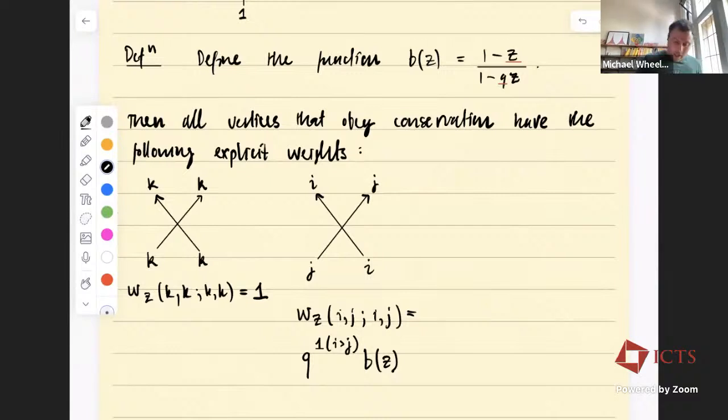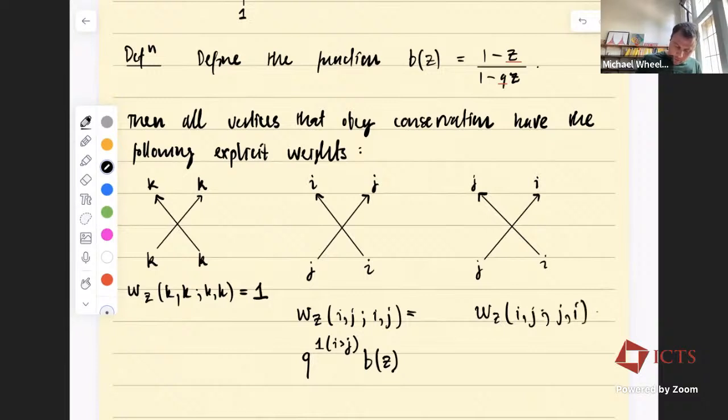Okay. And the final case is where I have, let's say, i and j entering in the same positions, but now they get exchanged at the top. So here I have j and here I have i. And so in that situation, I have W of z, i, j, j, i.